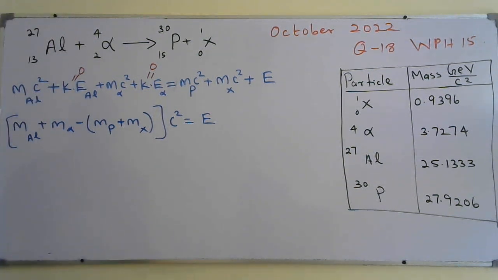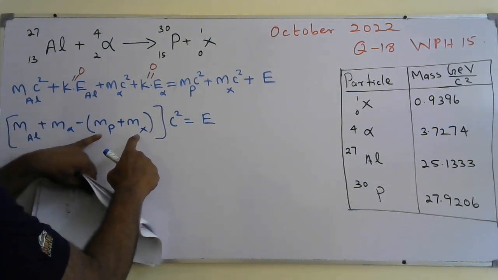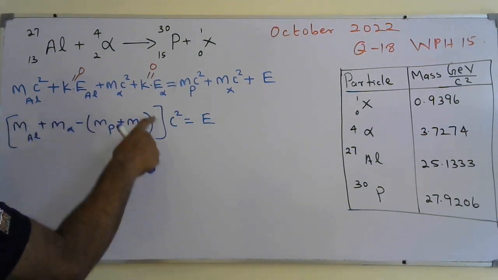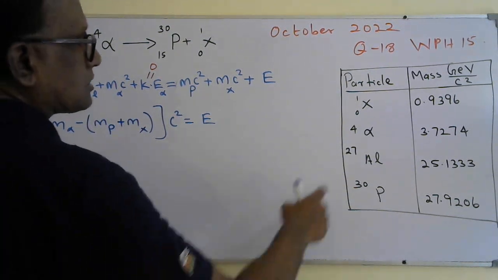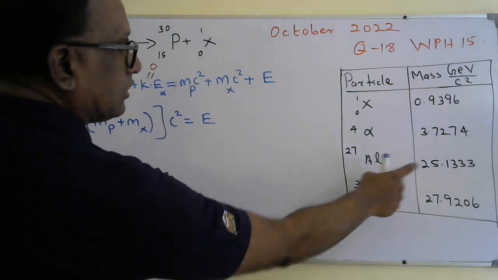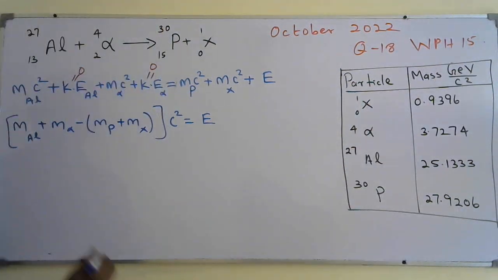Right, so now you know that mass of aluminium plus mass of alpha minus mass of phosphorus plus mass of X, this is the mass deficit. Anyway, we'll find it. Substitute: the mass of aluminium is given as 25.1333, in giga electron volt over c squared.